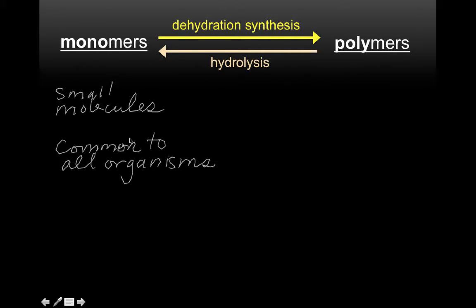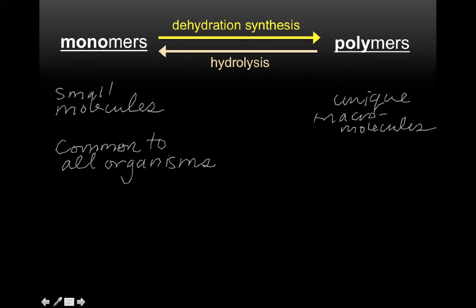However, these smaller molecules can be ordered in very specific ways or joined together by dehydration synthesis into very unique molecules, unique macromolecules or big molecules that we can call polymers.